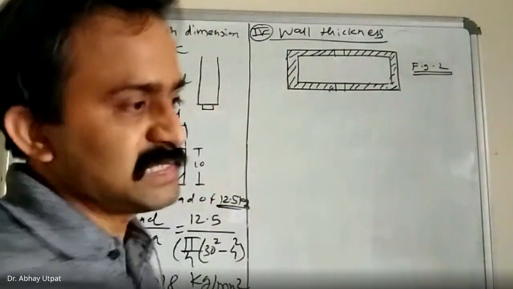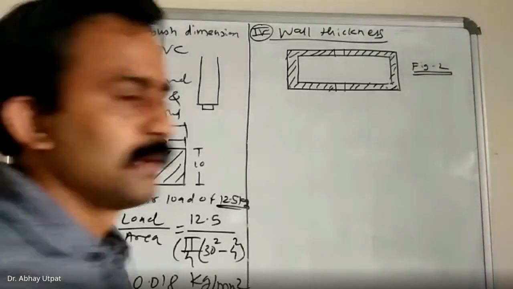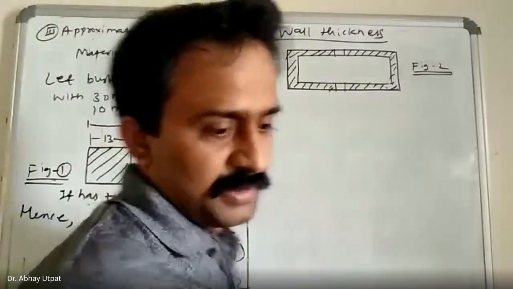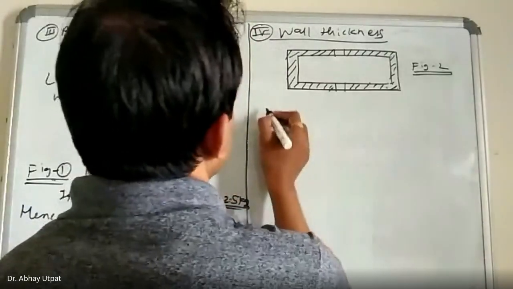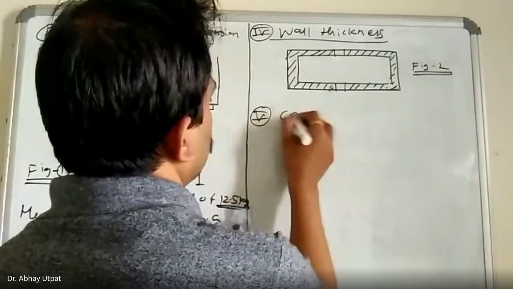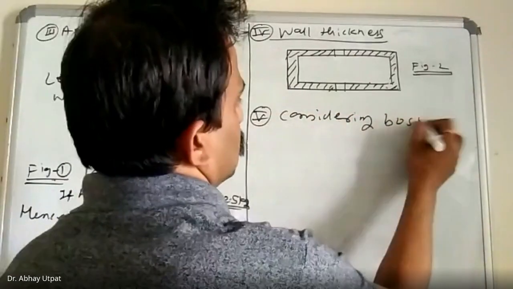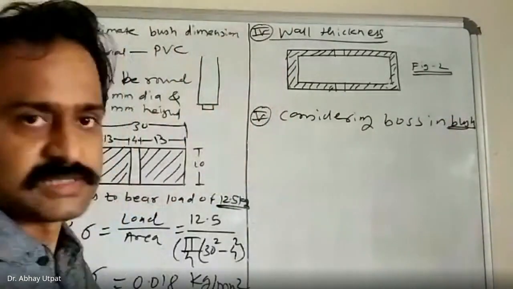To make it simple, figure 2 is modified to figure 3, considering bosses. So step number 5, boss in bush. Considering boss in the bush.